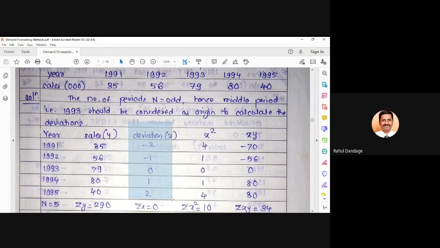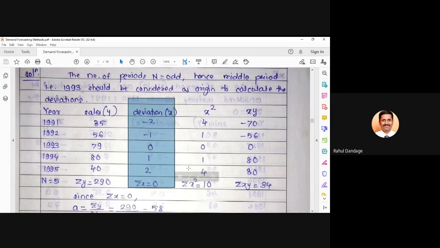Let us focus on this. I hope this is visible to you. Deviation X. So always we define X as your deviation. As we have discussed, when you have the number of periods as odd, the middle period should be considered as origin.